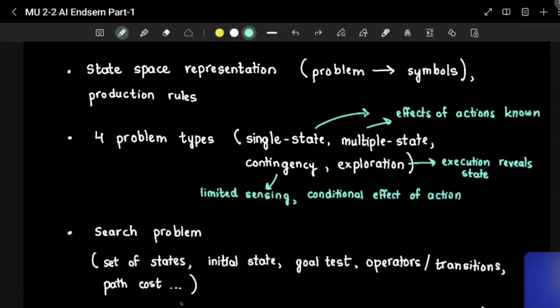Basically, in production rules, you have the current state, and then you have a constraint of some sort. Is it a constraint? No, it's not a constraint. You have the current state, and along with the current state, you have a condition that has been satisfied.